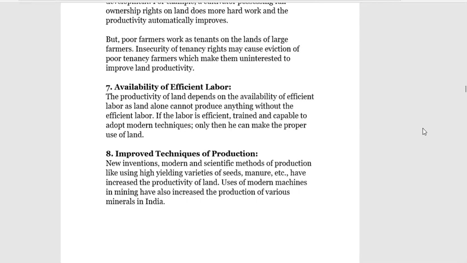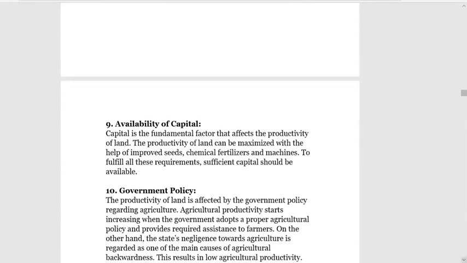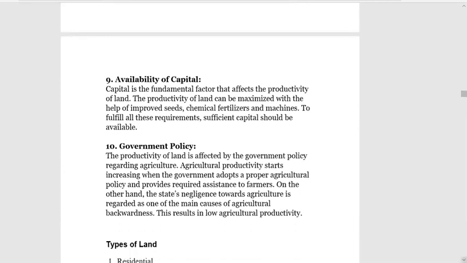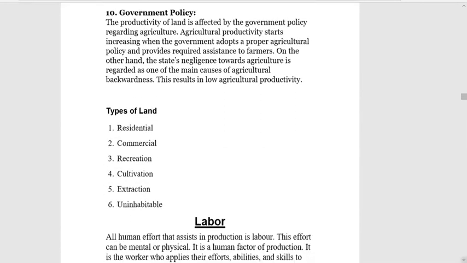You have to put in the best technology, best machinery, efficient labor to get the best out of that land. Clear? There are so many types of land, as I mentioned: residential, commercial, recreation, cultivation, extraction, and uninhabitable.